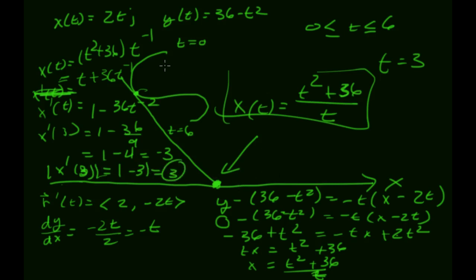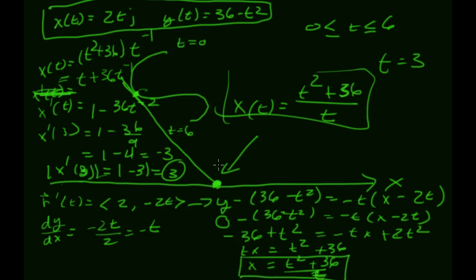Okay, so we've gone from these parametric equations to the slope of that tangent line, to the formula for the tangent line, to the location of where that tangent line crosses the x-axis at any given time t, to the speed of the light moving on the x-axis as the particle is moving around this curve.